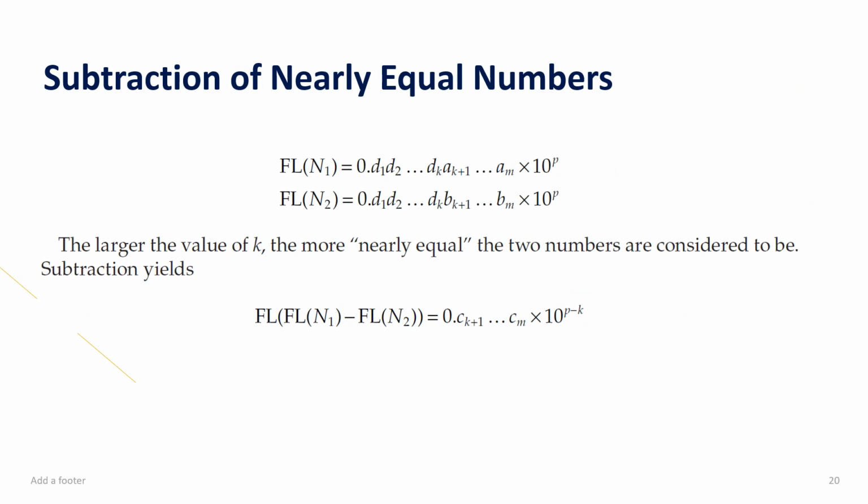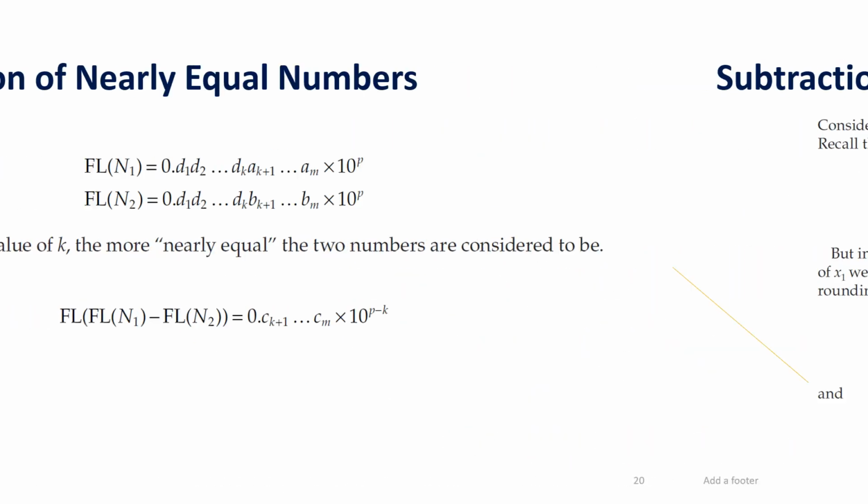The problem occurs because the difference between the two numbers is much smaller than the precision of the representation. For example, if two floating point numbers are represented in only 6 decimal digits of precision, subtracting two numbers that differ by less than 10 to the power of minus 6 will not be represented exactly in the floating point representation.